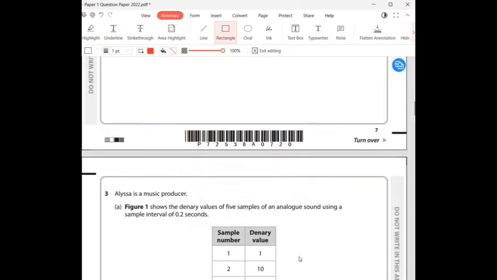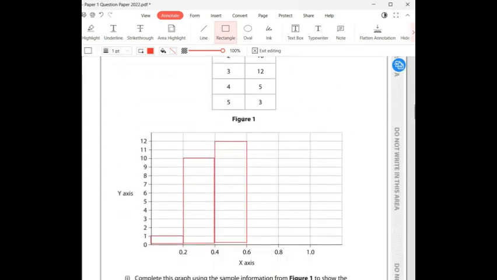So we've done 1, 10, and 12 as in a table. And then the last 2 is going to be a 5, followed by a 3. So that is how we would draw out the chart.